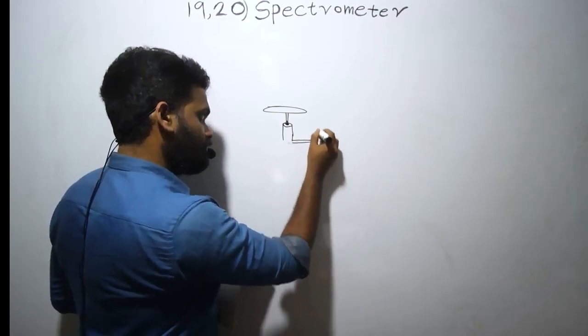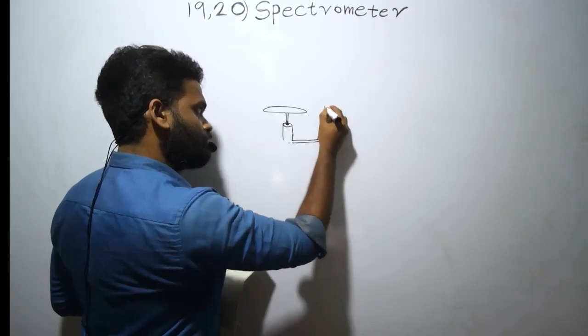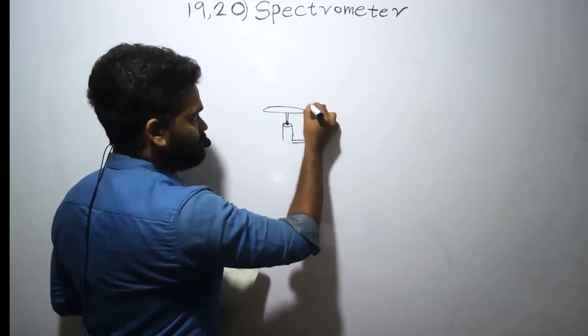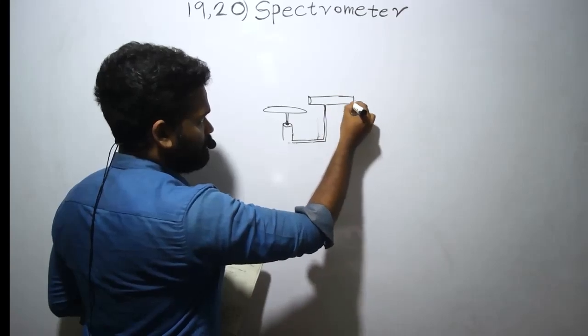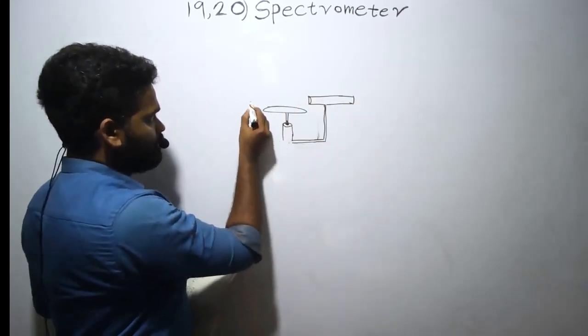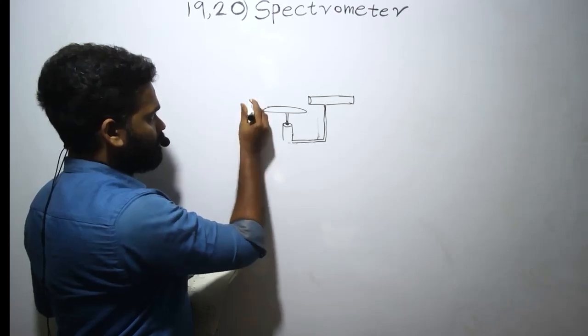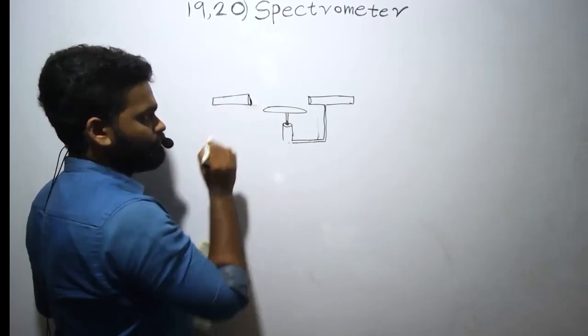You have the telescope here. Then you have the collimator here. Collimator here.